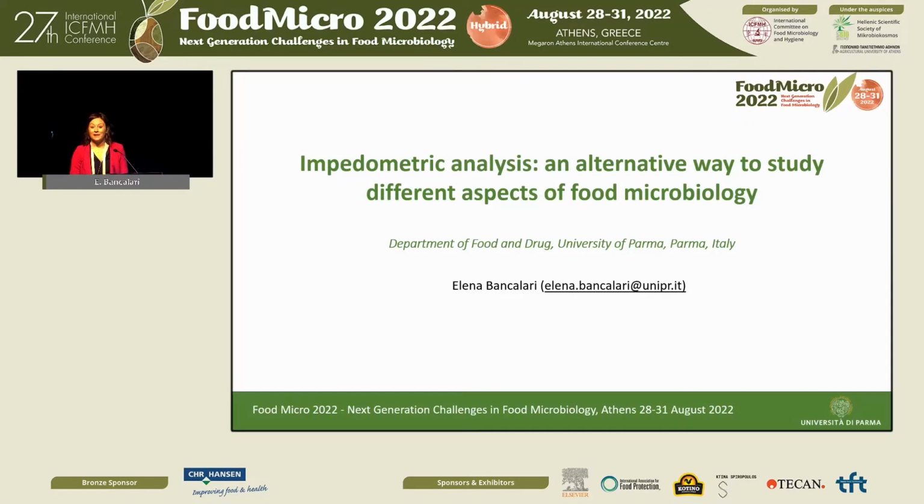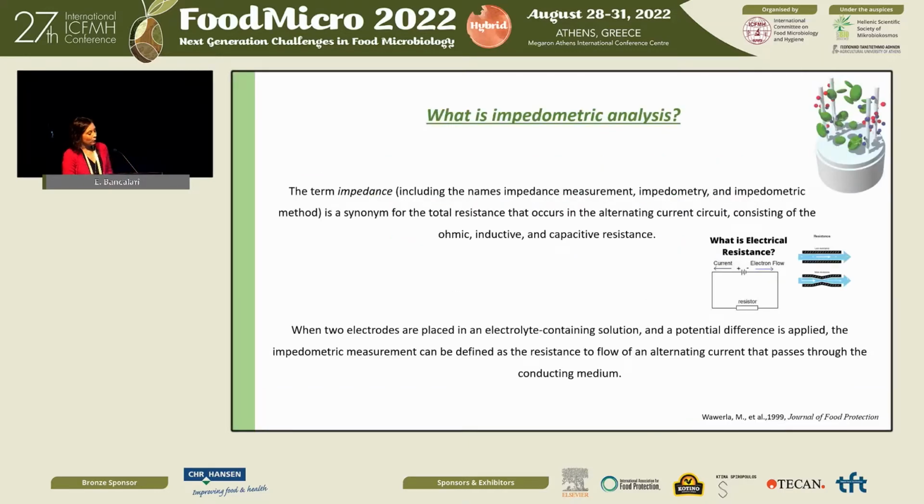So good morning, everybody. I'm Elena Bancalari, I'm from Parma, and today I'm going to present the application of impedometric analysis to food microbiology throughout the years. So first of all, we have to define the term impedance, that is the total resistance that occurs in an alternating current circuit.